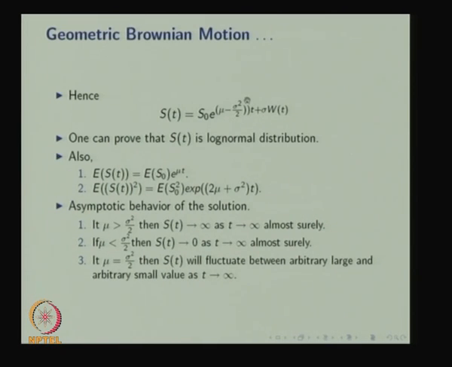Therefore S of t will be log normal distribution, and also you can find out mean and variance. So the mean will be expectation of s naught e power mu t. Similarly you can find out the expectation of S of t whole square. Using these two, you can find out the variance of S of t also.